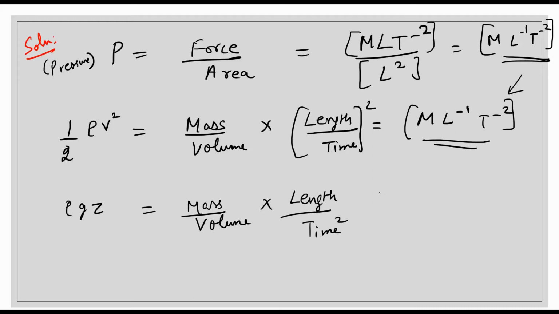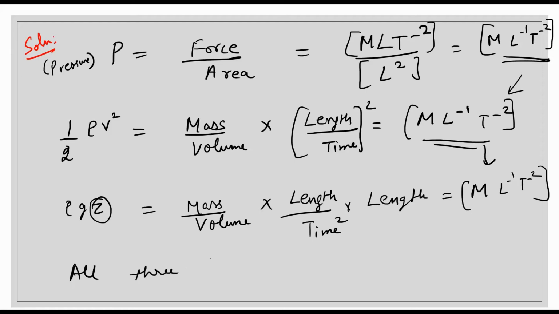And z was the height of the container, so the dimension will be length. Finally you get the same dimension. By this you can see that all these three have the same dimensions. So this equation is dimensionally consistent, and all three additive terms have the same dimension.